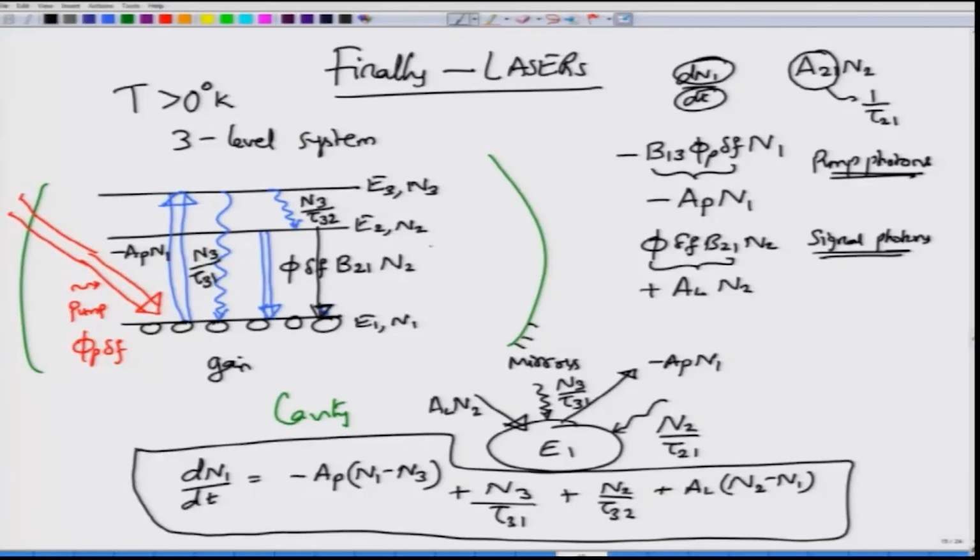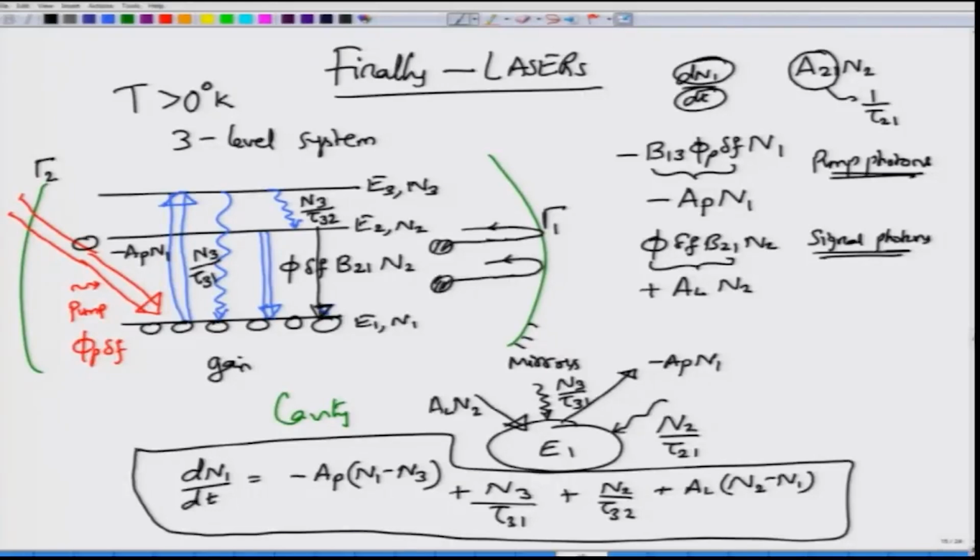Of course, what will happen is that these photons, which are now stimulated emission photons, will start to travel and hit the mirror. Assume that the mirrors have reflection coefficients of say gamma 1 on one side and gamma 2 on the other side. Once they have hit the reflection, these photons travel back towards the gain medium, where they further cause stimulated emission to occur.